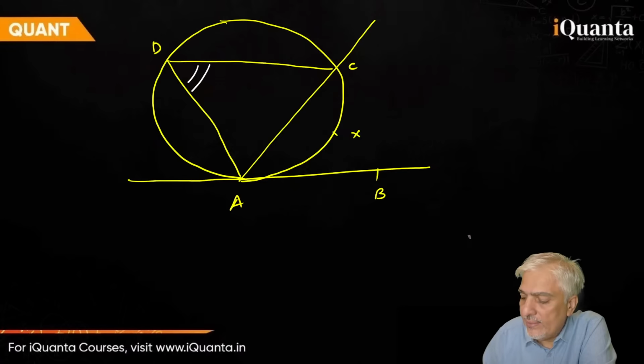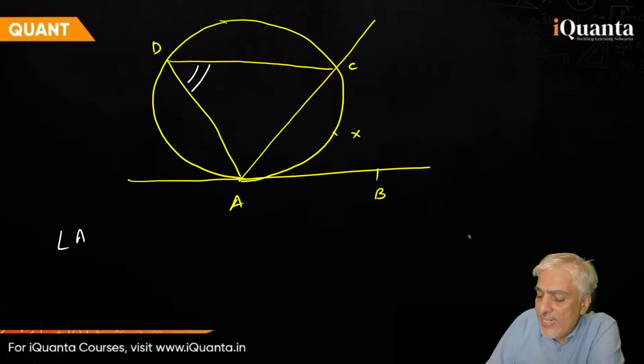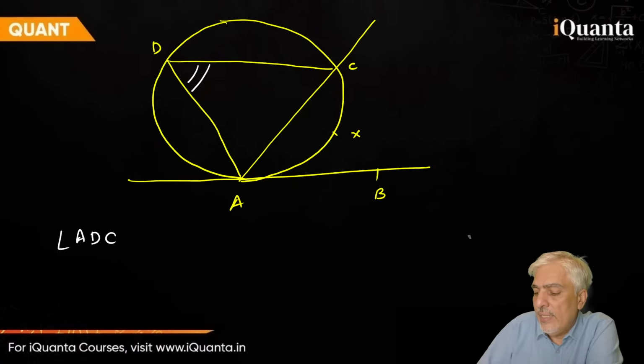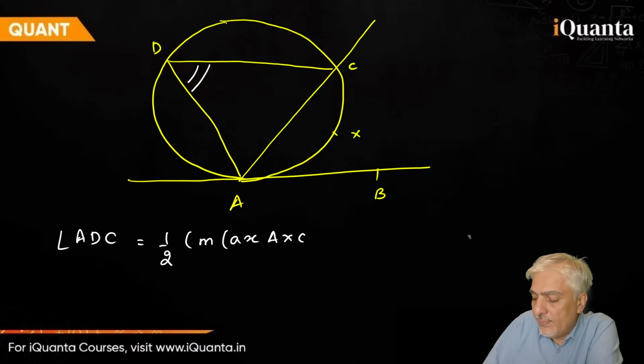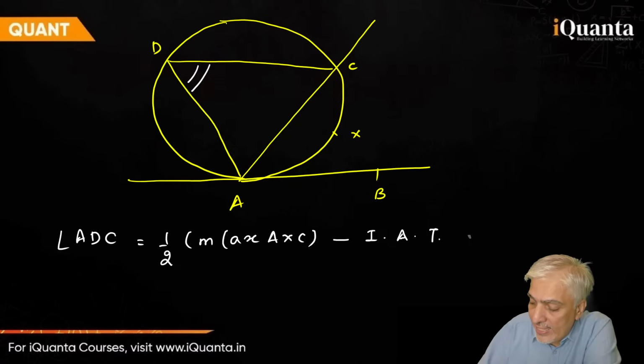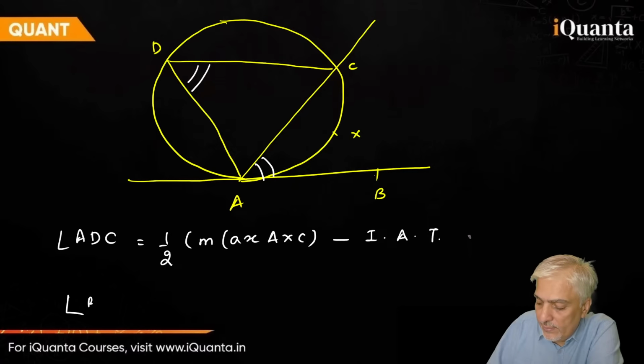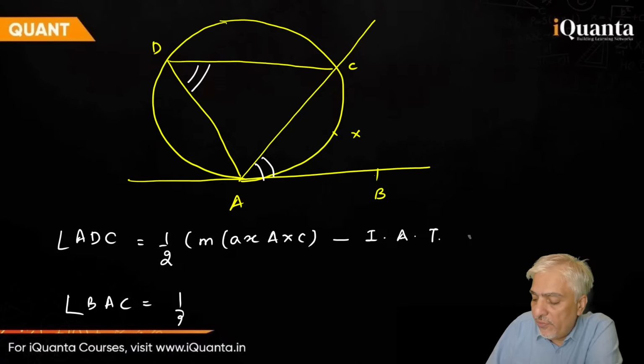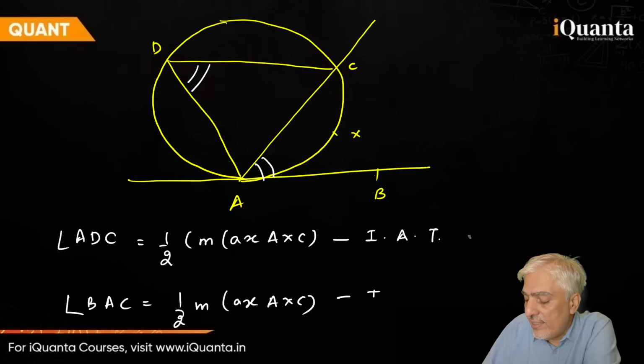This angle ADC will be half of the measure of the arc AXC. Angle ADC will be half of measure arc AXC by inscribed angle theorem. And angle BAC, that is this angle, will also be half of the same arc AXC but by tangent secant theorem.